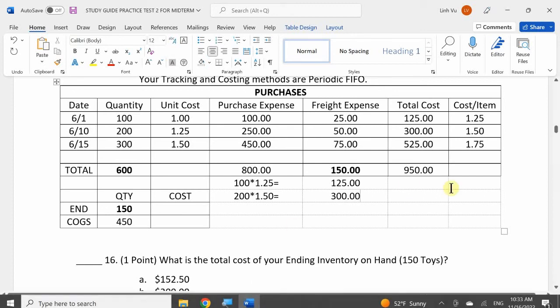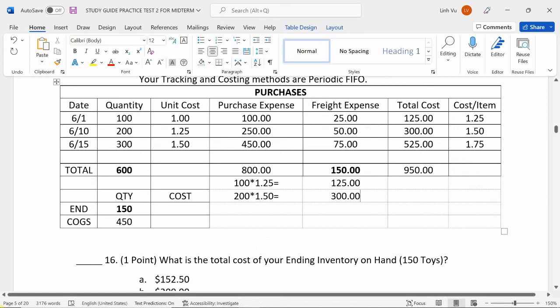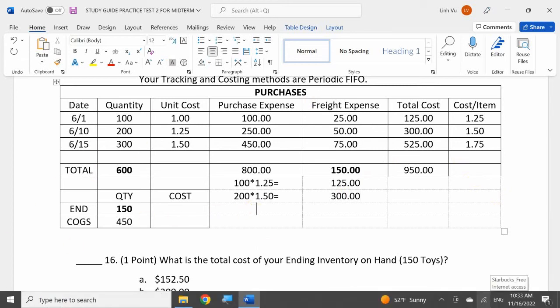Okay. I need to sell 150 at $1.50. So 150 times $1.50 is going to give me $225.